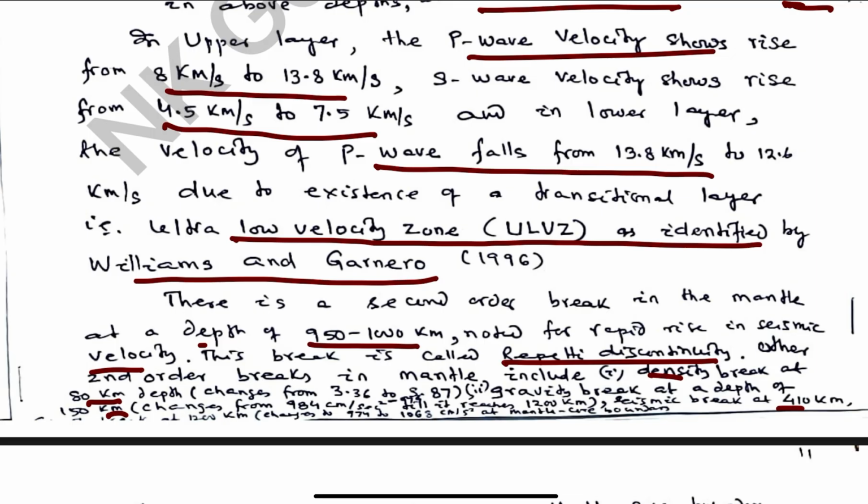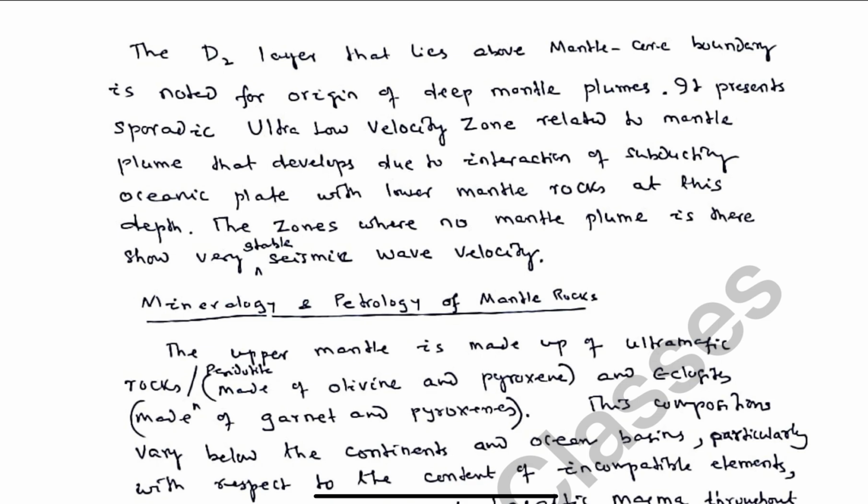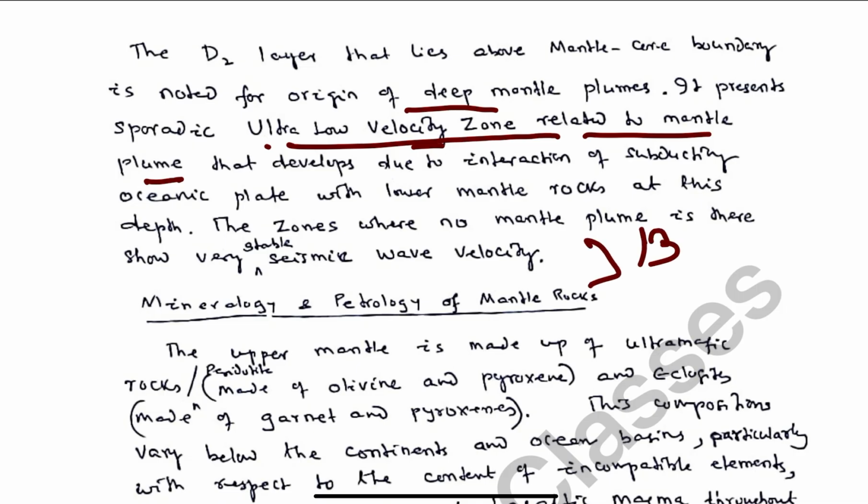So these are some of the breaks which are present in the mantle, and the D'' layer is noted for its ultra low velocity zone because of the mantle plumes. Where there is no mantle plume, the seismic velocity is found to go up to more than 13.